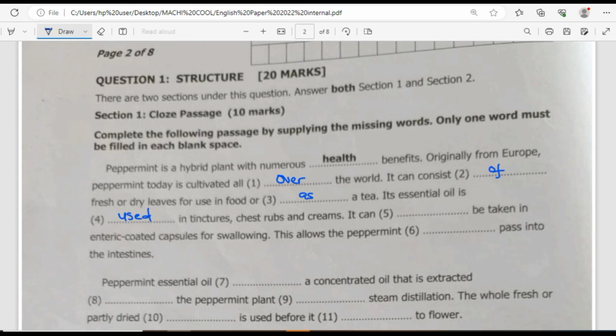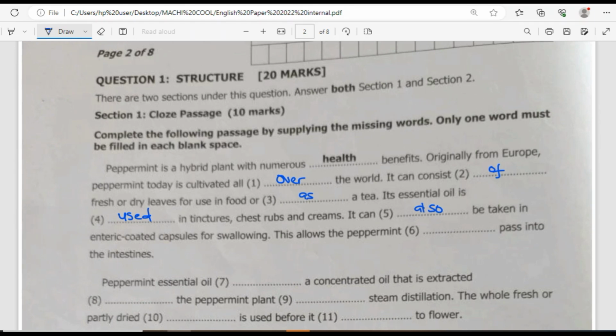Number 5. It can also be taken in enteric coated capsules for swallowing.